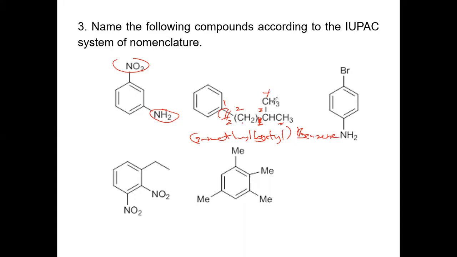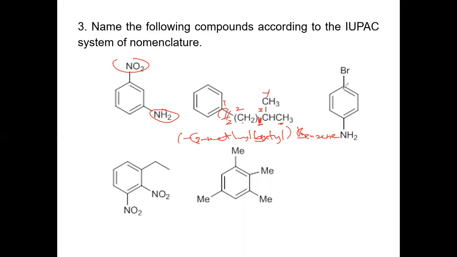So the butyl is the 4 carbons in the straight chain here, 1, 2, 3, 4. That's the parent substituent. And this is the substituent on that substituent. So the 3-methyl, we can write 1 here, but usually we don't write that one. So position 1 on the benzene ring, we have 3-methylbutylbenzene.